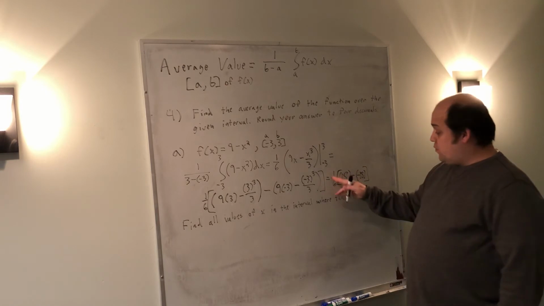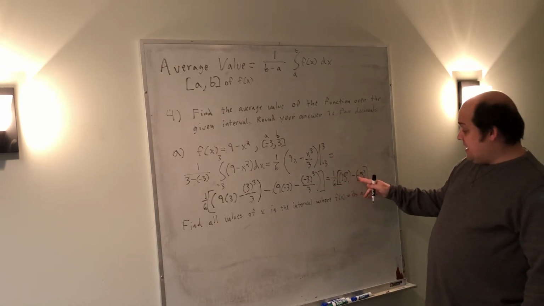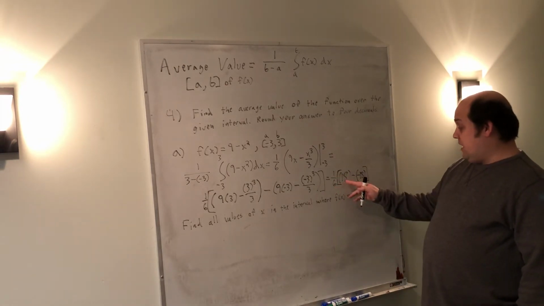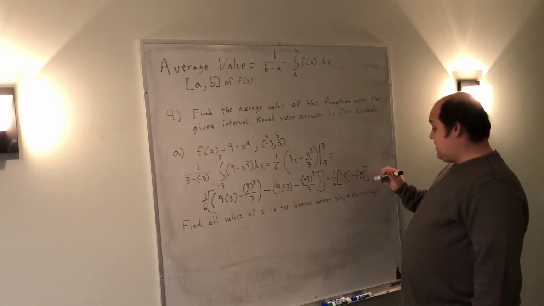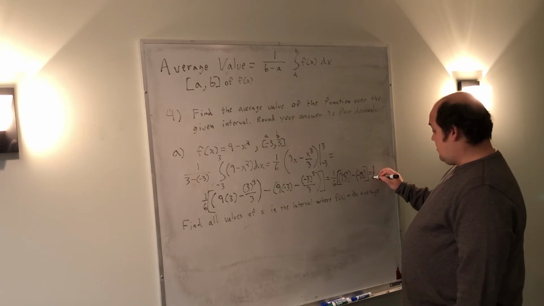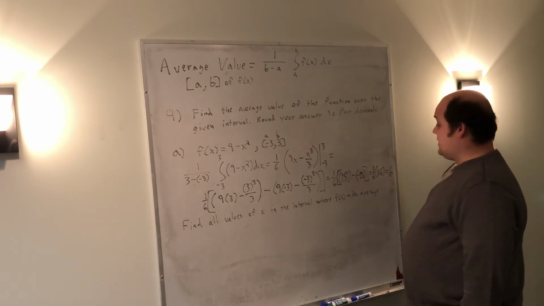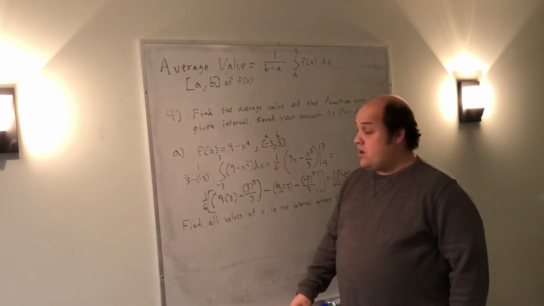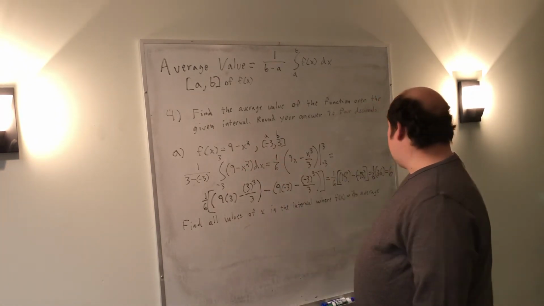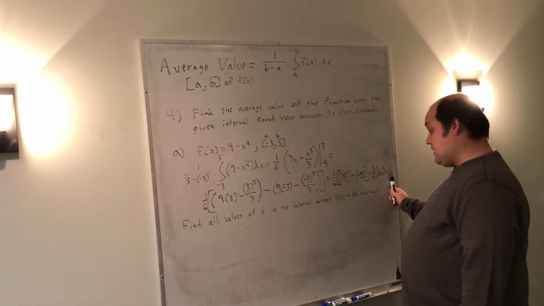So this becomes 1/6, 18 minus a negative 18, which is really 18 plus 18, or 36. 1/6 times 36, which is how I get my final answer of 6. The average value of 9 minus x squared between negative 3 and 3 is 6.